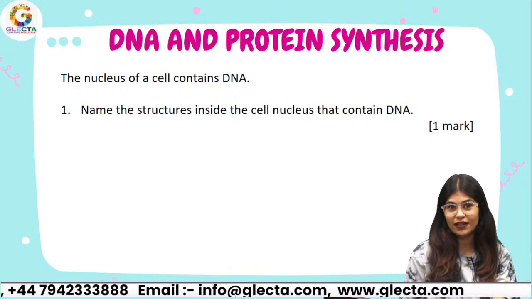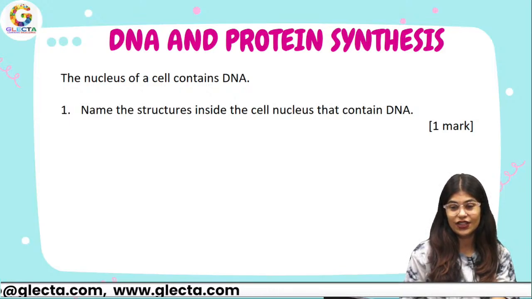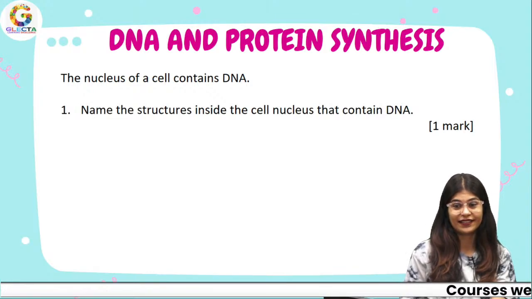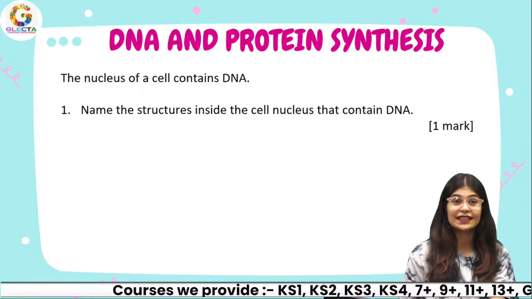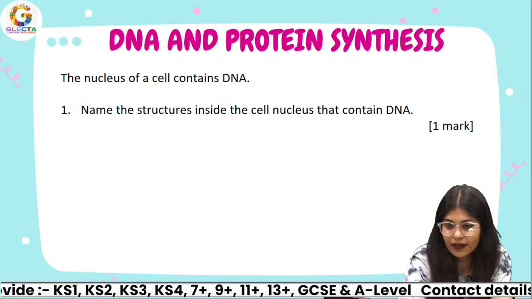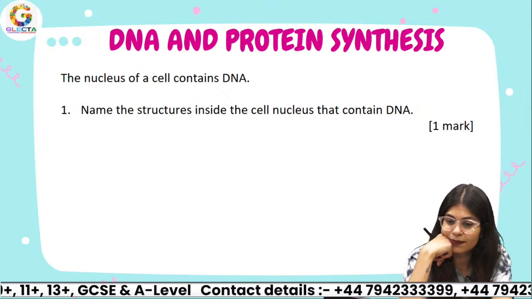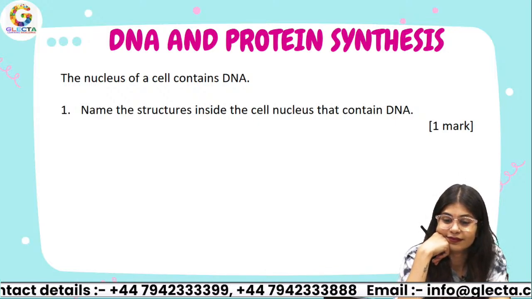Now I just talked about this and I hope you guys know this. So quickly everyone, try and tell me this. What do you think is going to be the structure that contains the DNA inside the nucleus? Hazel, Mothership, Dennis, Vijay, tell me quickly.